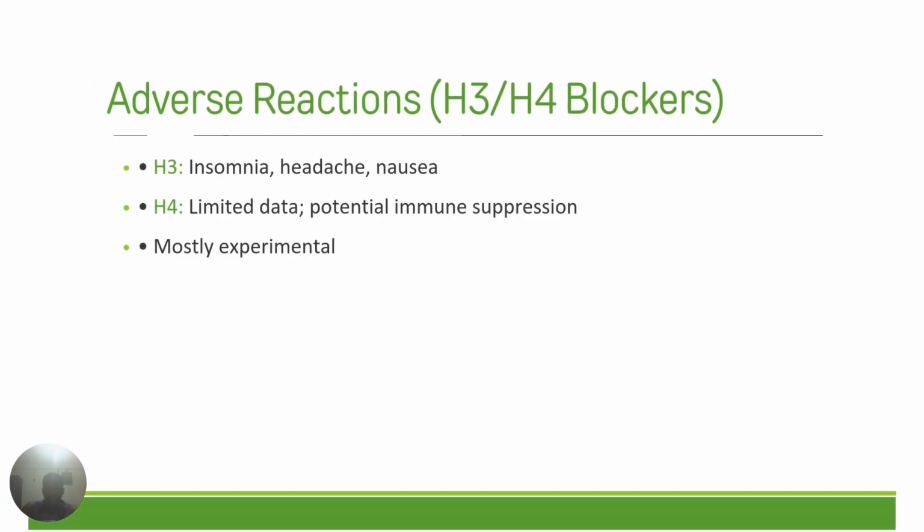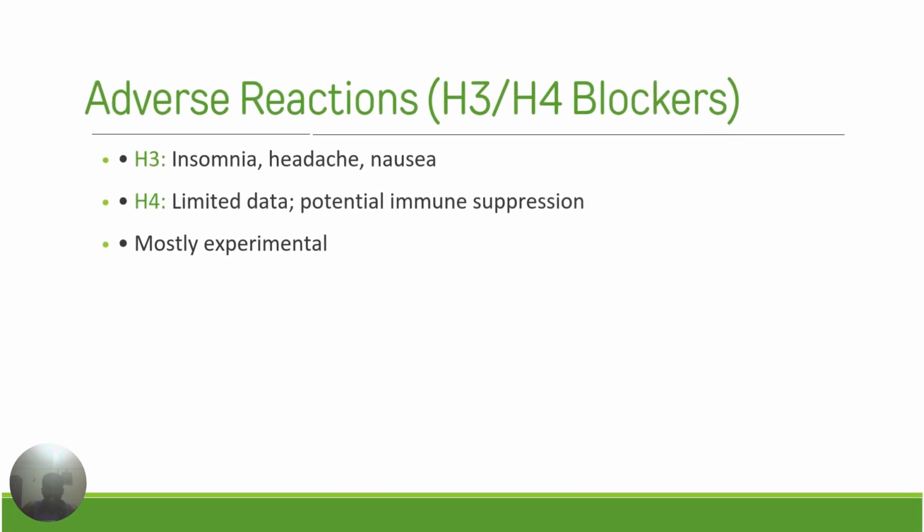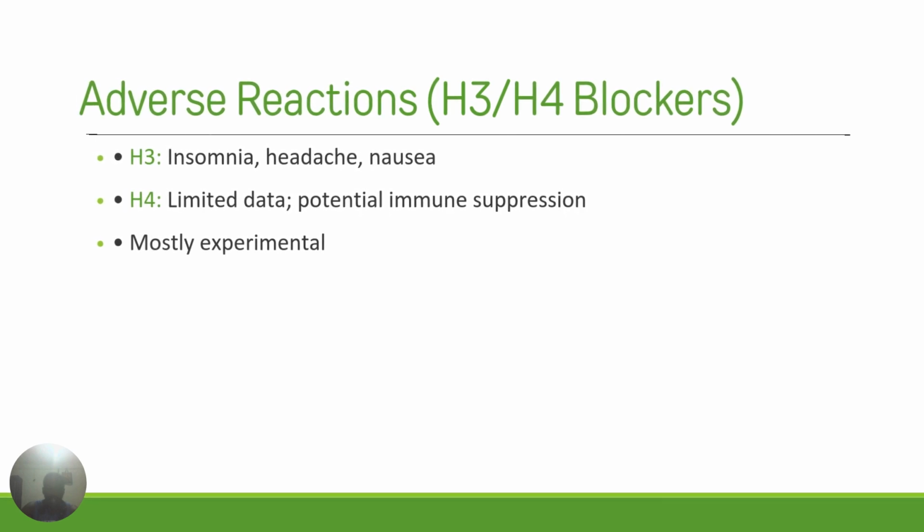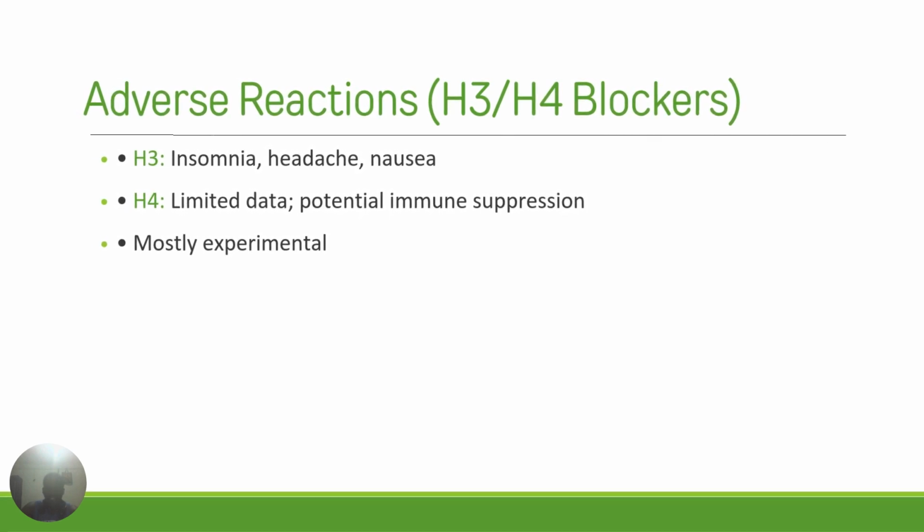So, what about the H3 and H4 blockers? What are their adverse reactions? For H3, patients commonly experience insomnia, headache, and nausea. For H4, it has limited data and it's being studied and more knowledge is upcoming, and at the moment it's being used at an experimental level.